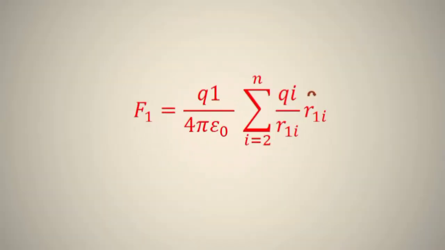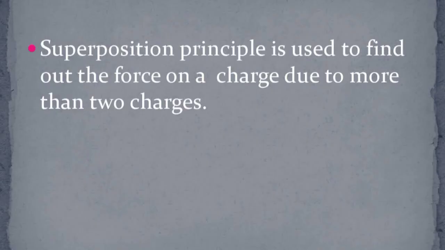Simply, we can write it as F1 is equal to Q1 divided by 4 pi epsilon 0 into summation over i equal to 2 to n Qi divided by R1i into R1i cap. The superposition principle is used to find the force on a charge due to more than two charges.